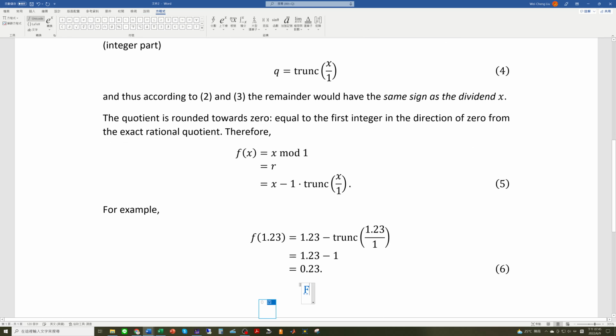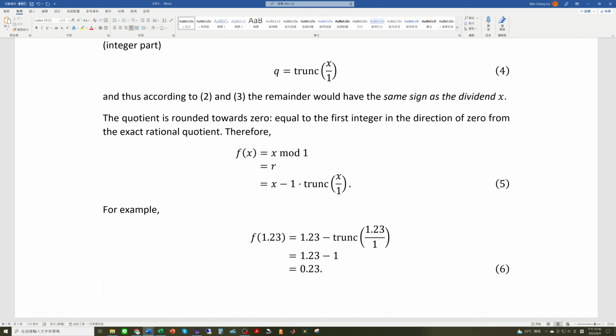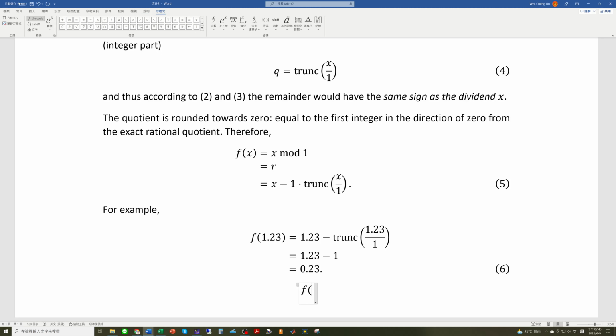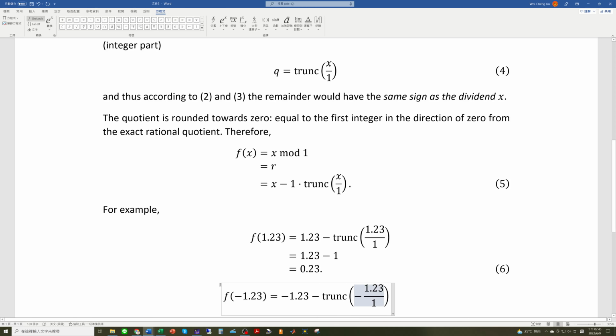Let us see if x is a negative number. f of negative 1.23 is equal to negative 1.23 minus trunc of negative 1.23 over 1. Trunc should be non-italic, and the negative sign should be in the numerator, like this.